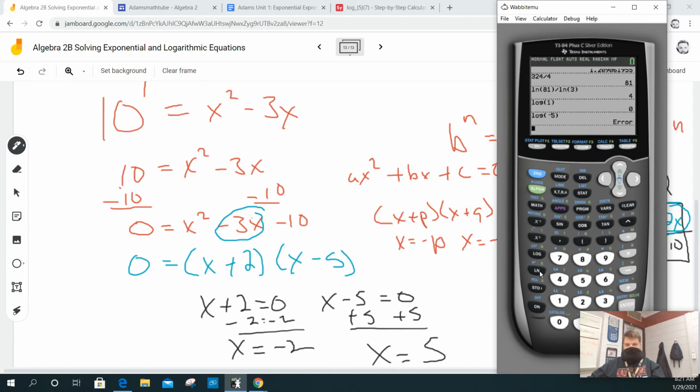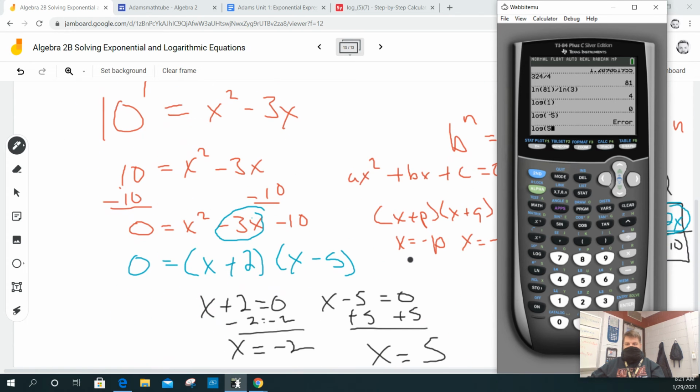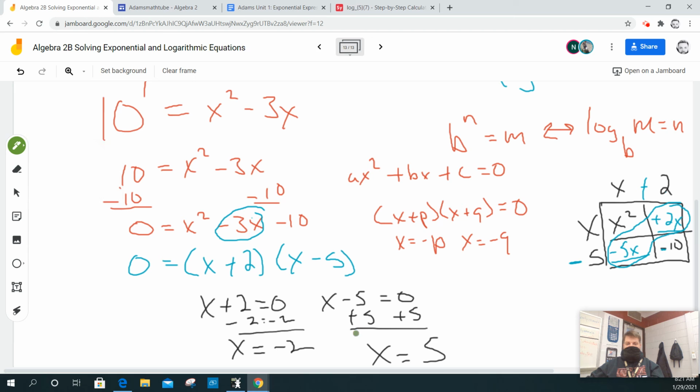I'm going to say log of 5 minus 3 plus log of 5. And let's just hit equals. It does equal 1. So right off the bat, I know that 5 works.